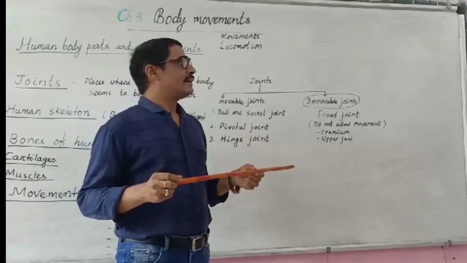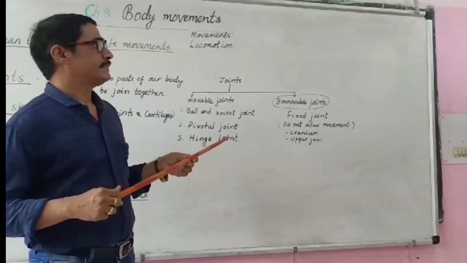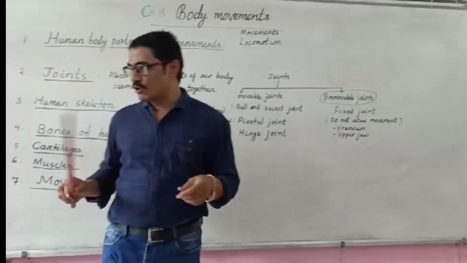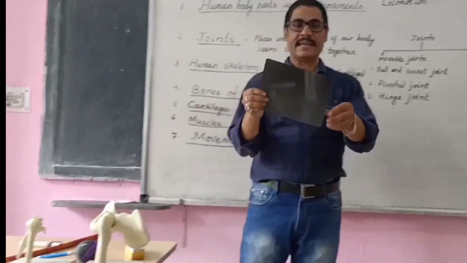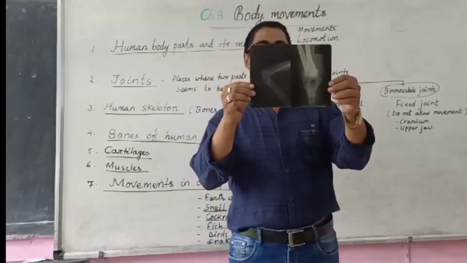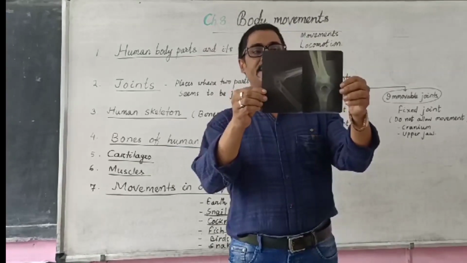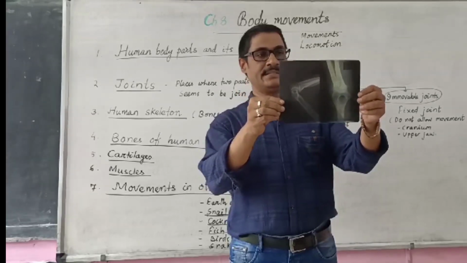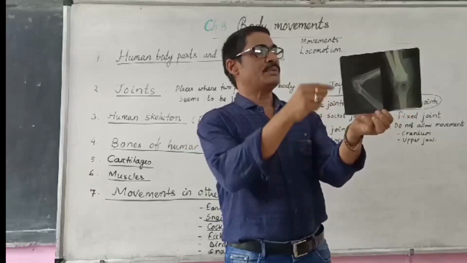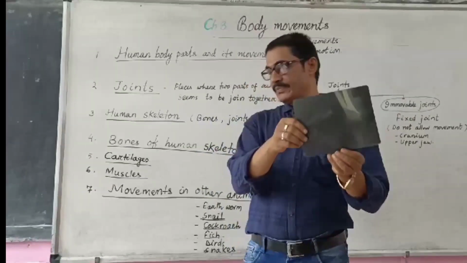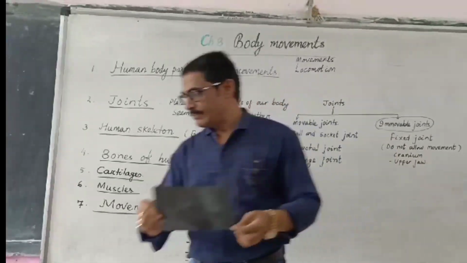Bones are the hard part of our body, and we can observe the bones by the X-ray image. You might have seen an X-ray report if you suffered from any injury or accident. You get an X-ray image of the bone structure. This is the X-ray image.